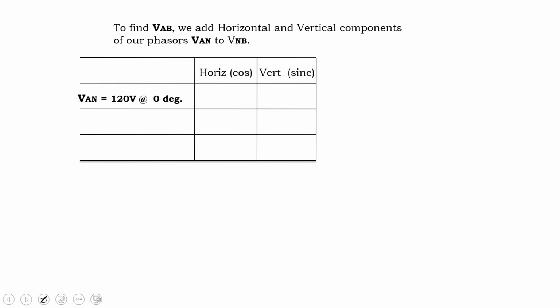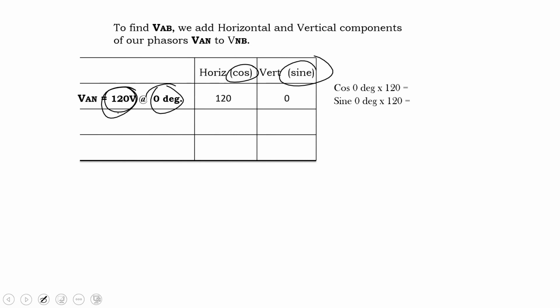This is my hypotenuse, so I times it by the cosine of 0 degrees, and I'll get its horizontal component. To get the vertical component, I take 120 times the sine of 0 degrees. Well, sine 0 is 0.